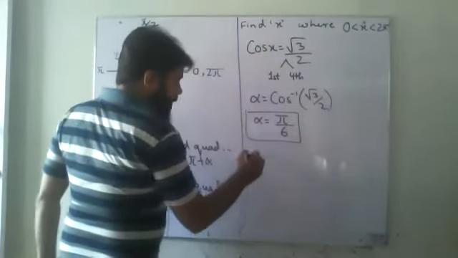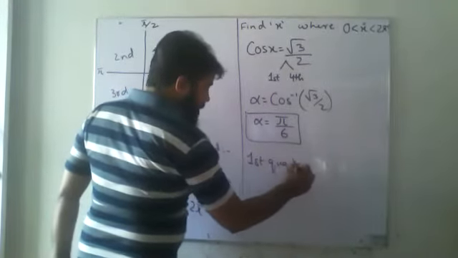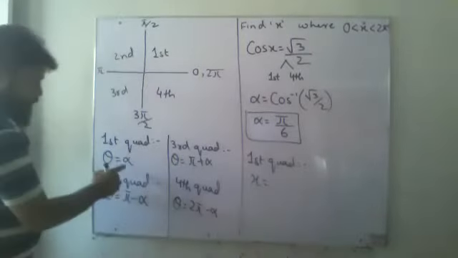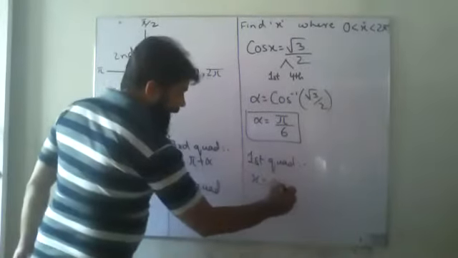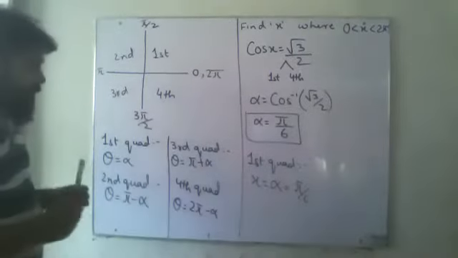So first of all, in the first quadrant, what will happen? x will be equal to alpha, and alpha is pi over 6. So no change in it. Okay.